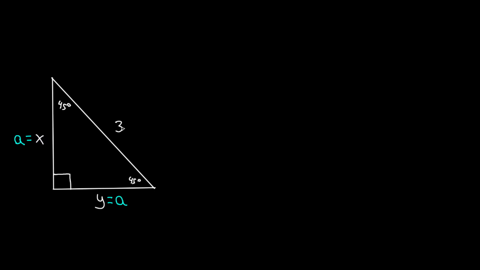But we can get it from just the hypotenuse, because we know our hypotenuse is equal to a multiplied by the square root of 2. So I'm going to bring this over here. 3 is equal to a times the square root of 2.